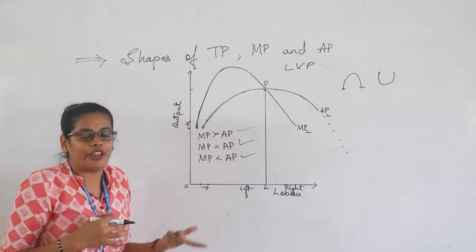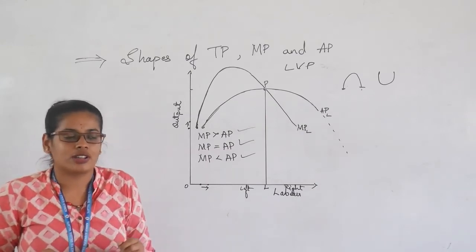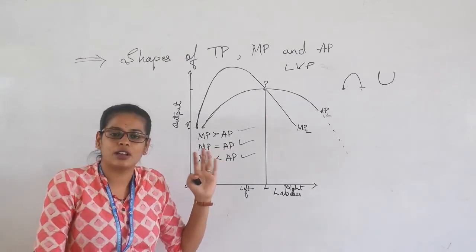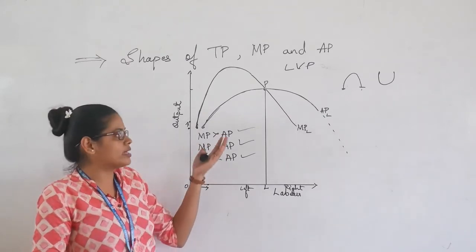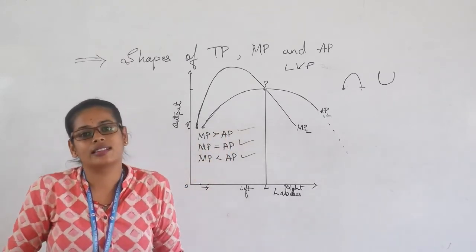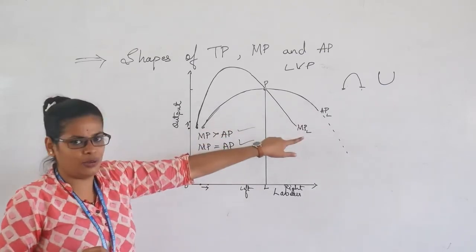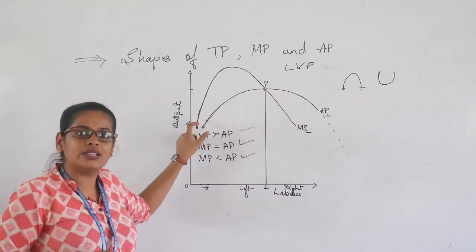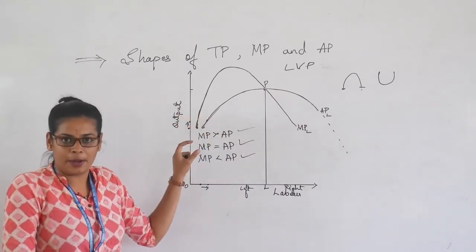So if anybody asks you what are the features of the shapes of the marginal product or the average product, then you can say that it is universally U in shape, right? And you can also explain the relationship between the AP and the MP. Okay?